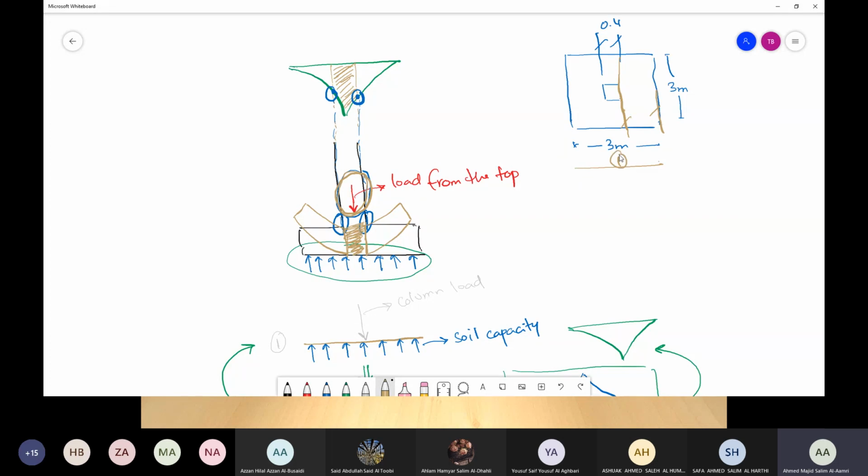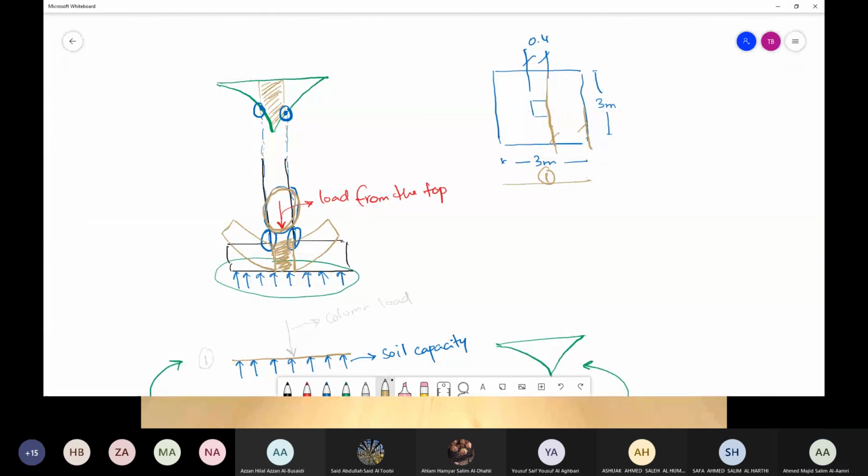In this direction, my distance is equal to how much? How much is this going to be? Can you help me here? How much is this distance? Distance x, for example. You will see that distance x is equal to 3 meters minus 0.4 divided by 2.